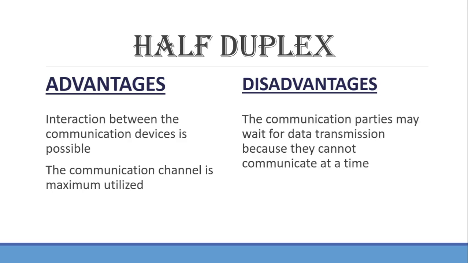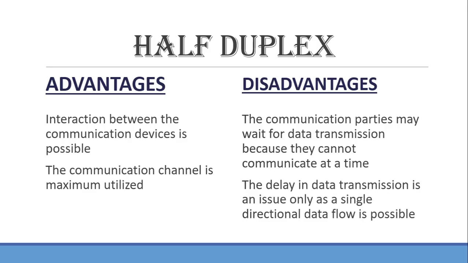The communication parties may wait for data transmission because they cannot communicate at a time. So they have to wait and then respond, or go for the acknowledgement. The delay in the data transmission is an issue, as only a single direction data flow is possible, because data flow direction is single at a time. So you have to go with the delay and the wait.